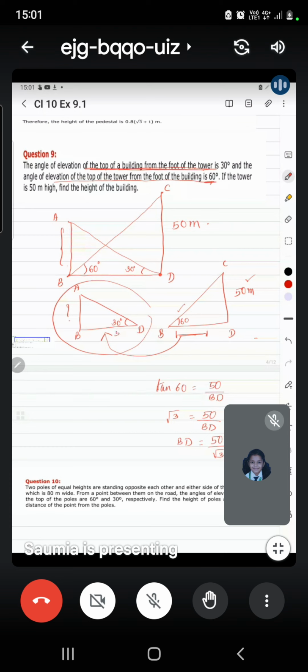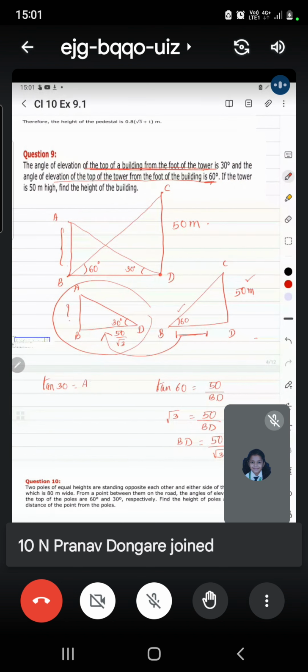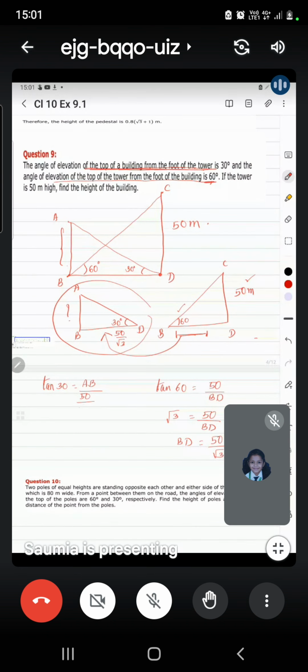Now when I come to this triangle, I have one side available. So which ratio will I use in this next triangle? Tan 30. Yes, I'll use tan 30. So I will get tan 30 equal to AB upon 50 by root 3. And tan 30 is 1 by root 3?